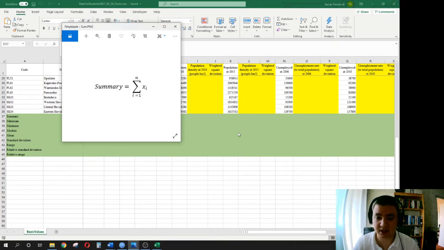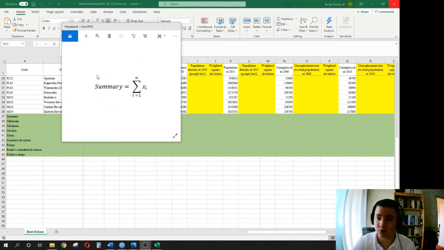This is very simple, but that's why I show you, because I want you to get used to the different markings and different mathematical marks in the formulas.